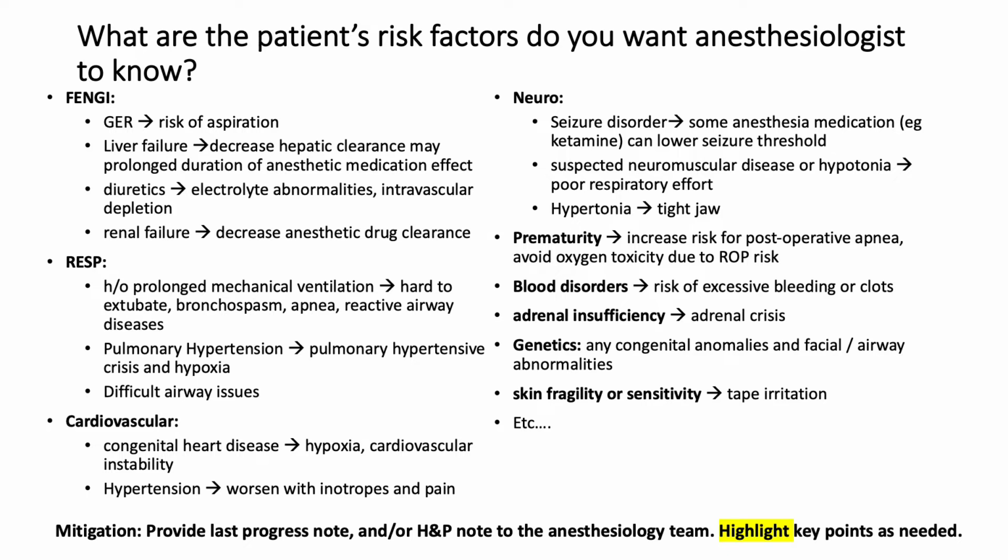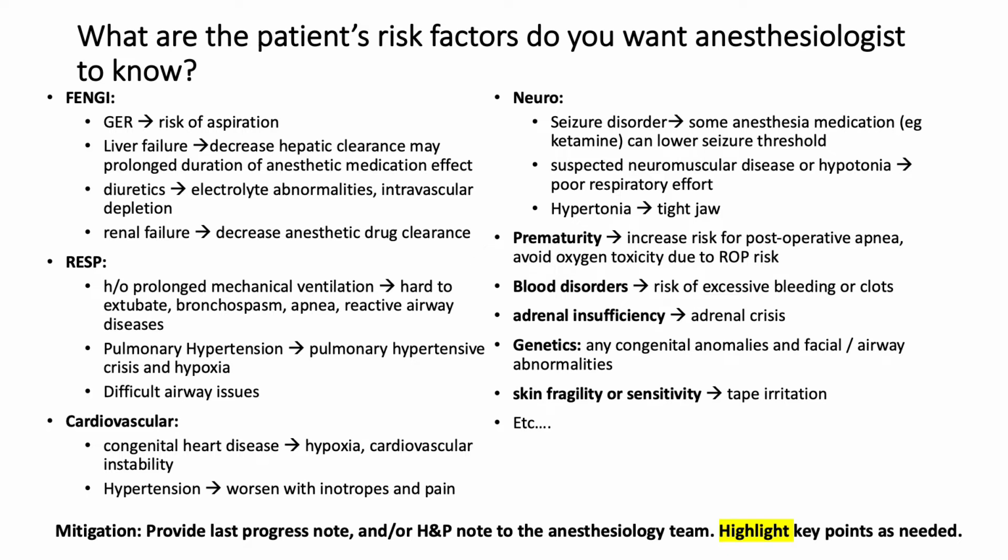Prematurity can increase the risk of post-operative apnea, and you want to avoid oxygen toxicity due to the risk of ROP. Blood disorders can increase the risk of excessive bleeding or clots. Does the patient have a history of adrenal insufficiency, which can lead to adrenal crisis in times of stress?